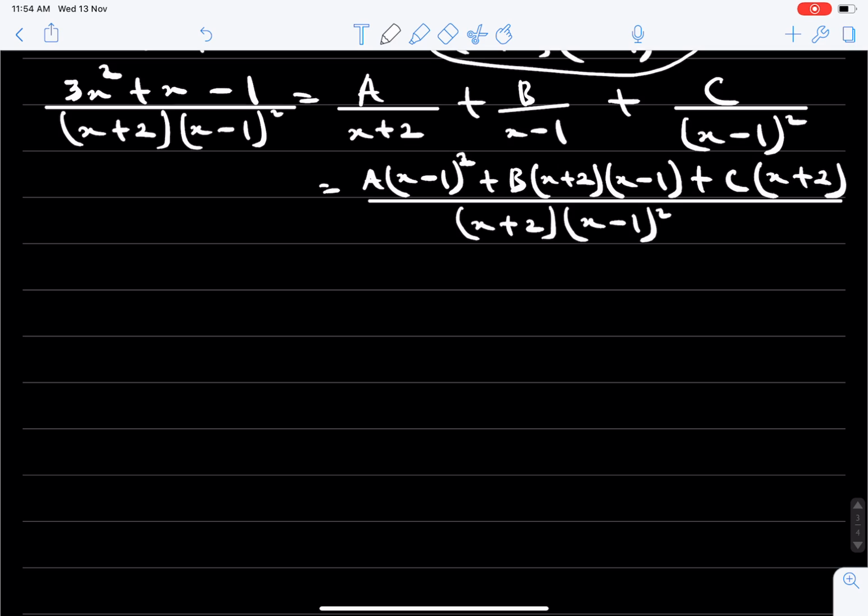Since the denominators are the same, that means the numerators are also equivalent.